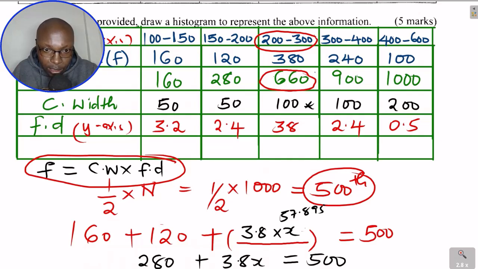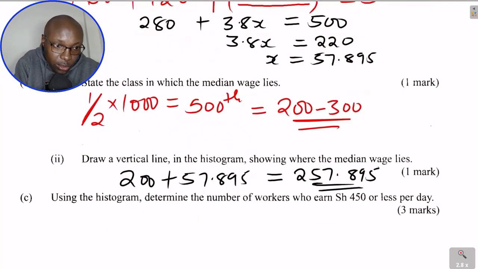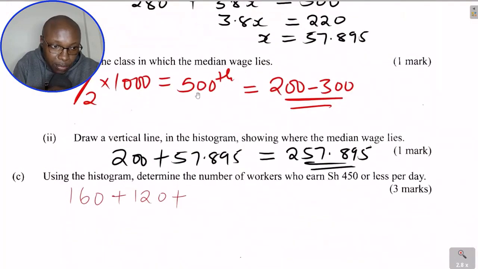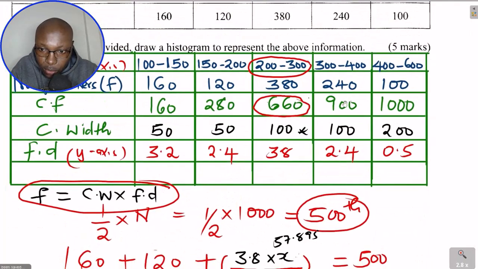So 160 plus 120 plus 380 plus 240 will give us 900. Then for the other class, because 450 will be in the last class, 400 to 600.